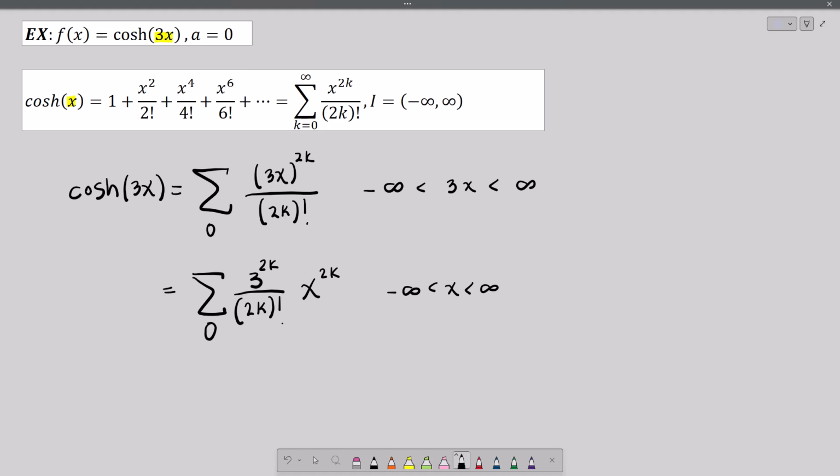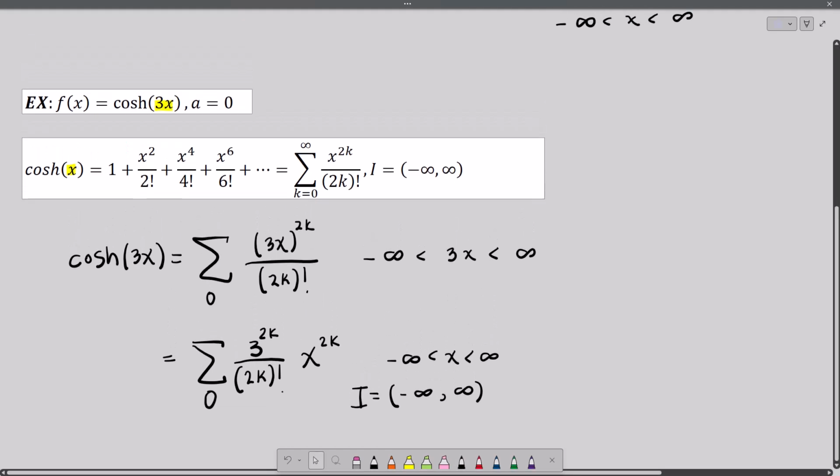So your IOC is still going to be all reals. So you can write it either way. Writing it in interval notation is nice simply because you can call it I.